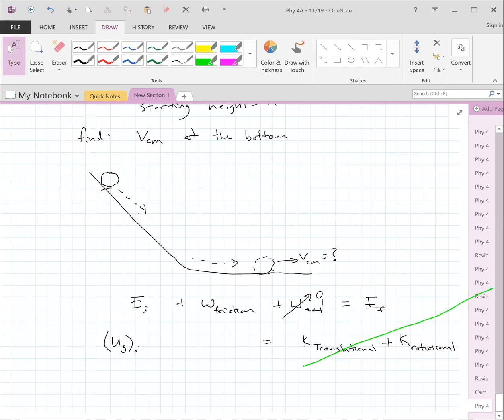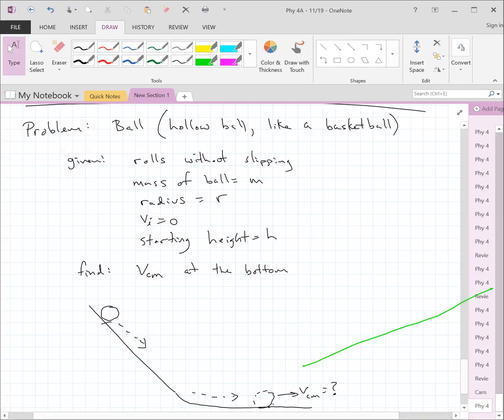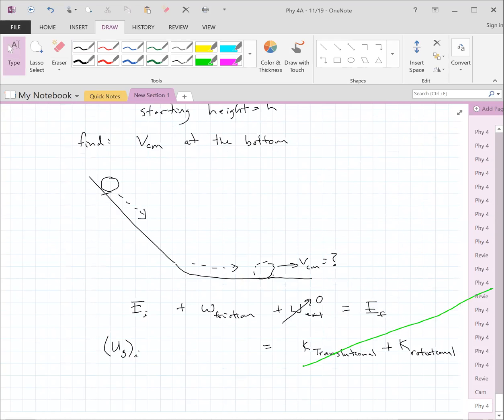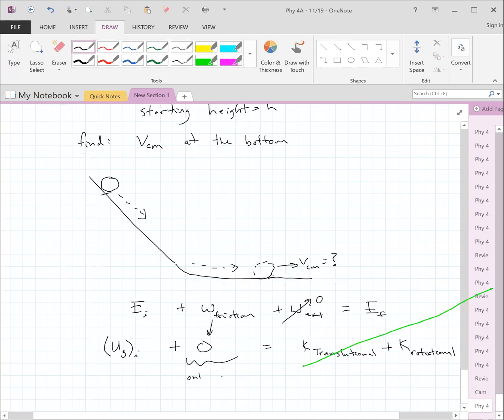It's static friction, because our wheel, the ball, the basketball, is rolling without slipping, right? So this is static friction between the ball and the ground. And so it does no work. So the work done by friction is 0. It's only static friction. There's no kinetic friction here.